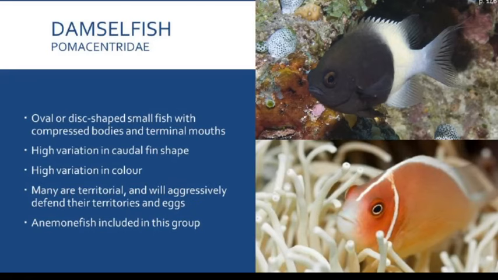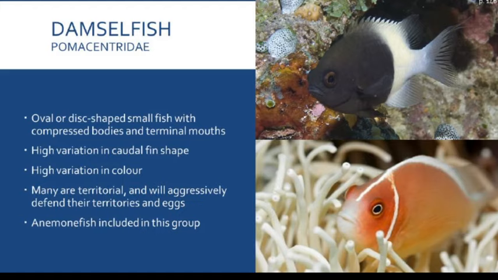So next up, we have our damselfish, or Pomacentridae. These are oval or disc-shaped small fish with compressed bodies and small, I guess not really that small, terminal mouths though. So again, you can see that mouth sitting at the end, at the front of the body.